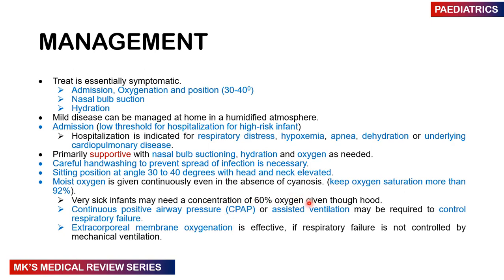If the oxygen fails, you may continue giving this child continuous positive airway pressure, which is the CPAP, or assisted ventilation, and this may actually be required to control respiratory failure. And then you may also use ECMO, which is extracorporeal membrane oxygenation, which has been effective if respiratory failure is not controlled by the mechanical ventilation.